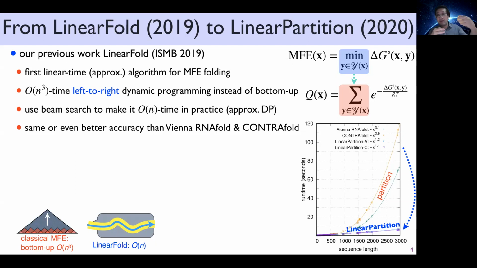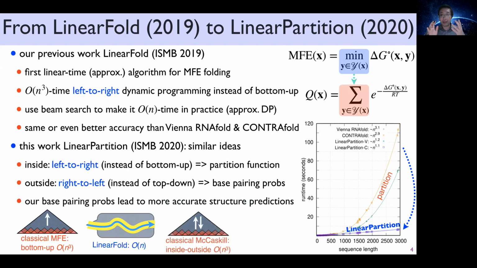Just because of this left-to-rightness, we can use beam search on top of it, so that we only care about the highly probable parts of the search space and ignore the rest. This gives us a linear time algorithm in practice, but it's unfortunately approximate. But it's still dynamic programming, meaning it's still considering exponentially many alternatives in linear time. And very interestingly, it has even higher accuracy than the cubic time baselines, even though it's much, much faster.